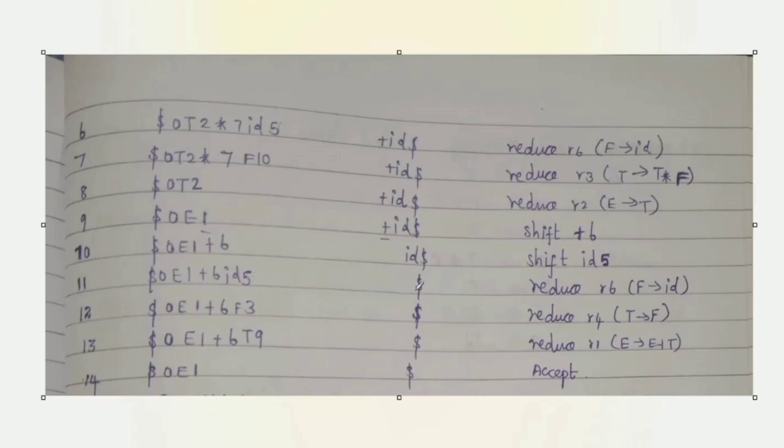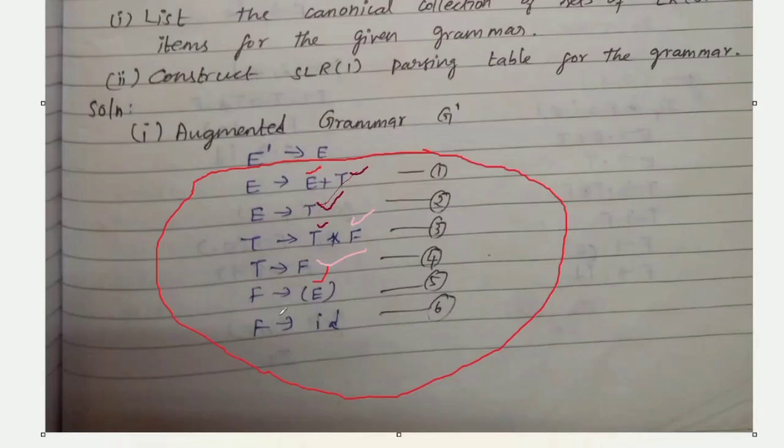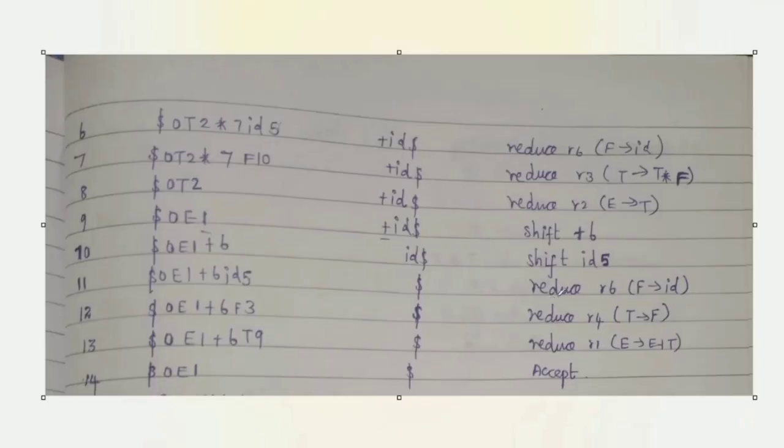Input symbol $. Compare $5. $5 is reduce 6. Reduce 6 is the equation F tends to ID. Write reduce R6, F tends to ID. In the stack, ID 5 is reduced to capital F. Then the stack becomes $0E1 plus 6F.